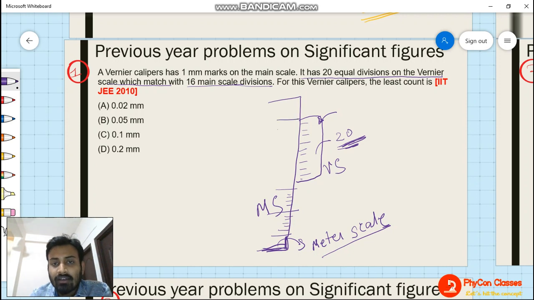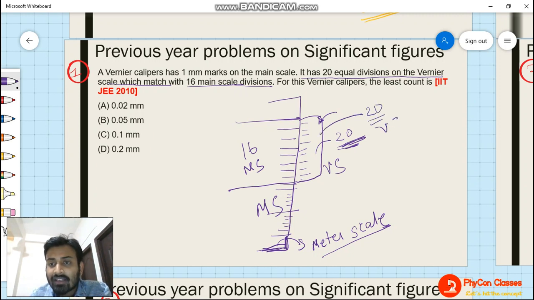That means there are 16 divisions on the main scale, and these 16 divisions coincide with 20 divisions on the vernier scale.